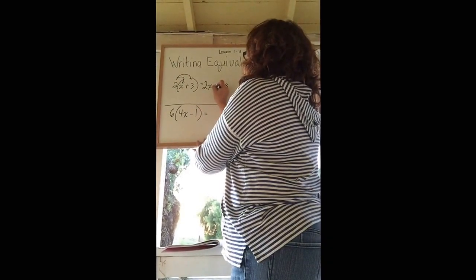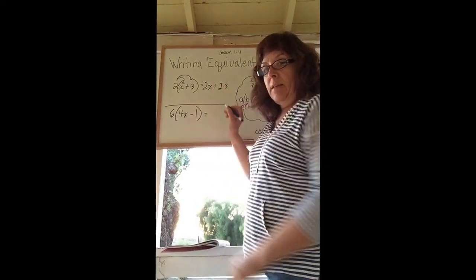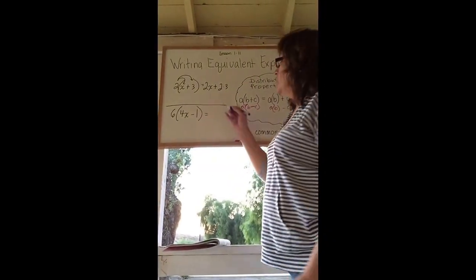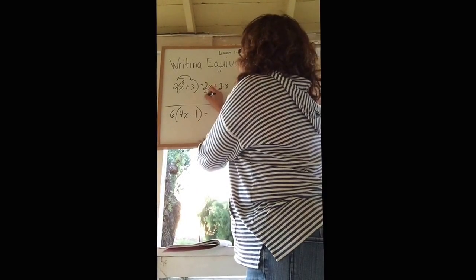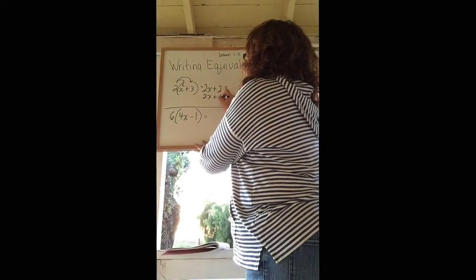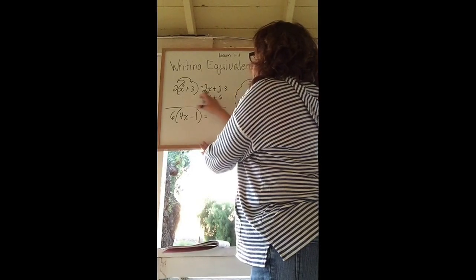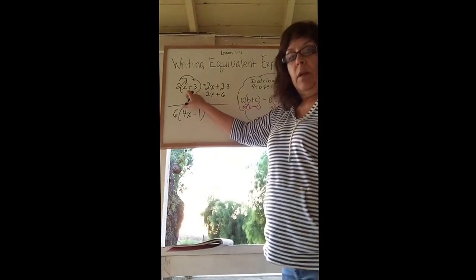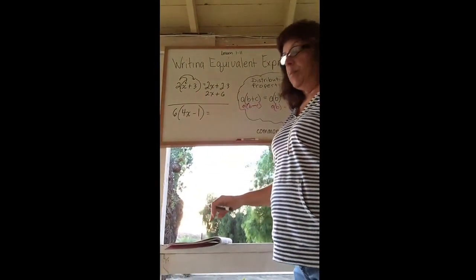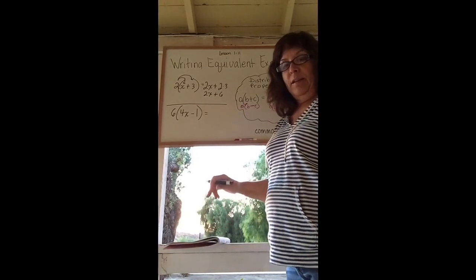What's our operation? It's plus. We're not done because you have to finish out the multiplication. So you have 2x plus 6. This expression is the same as that one. They're called equivalent expressions. Pretty simple, huh?